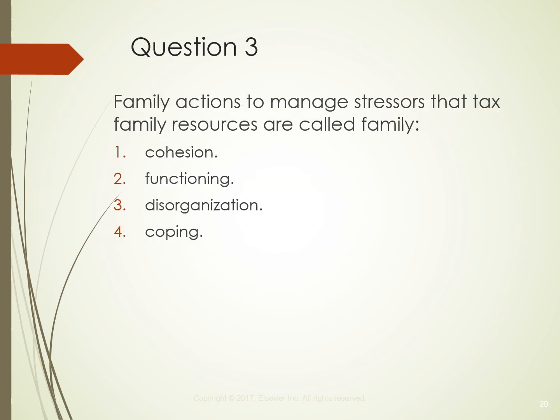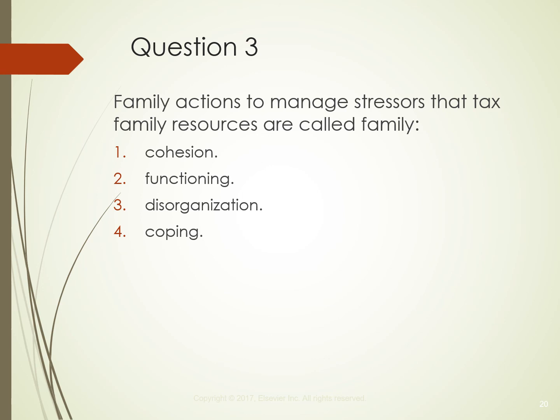Question number 3. Family actions to manage stressors that tax family resources are called family, and the options are 1. Cohesion, 2. Functioning, 3. Disorganization, or 4. Coping. Correct answer is number 4.